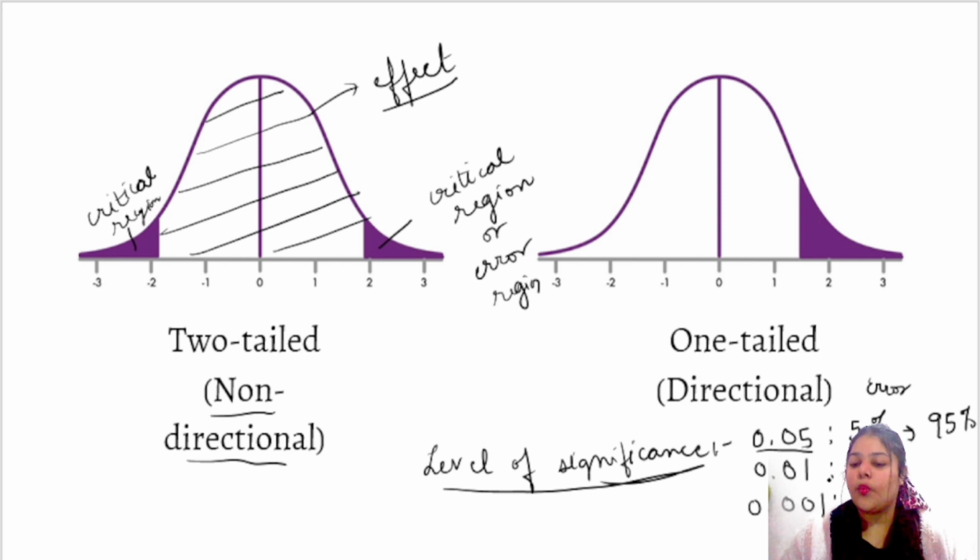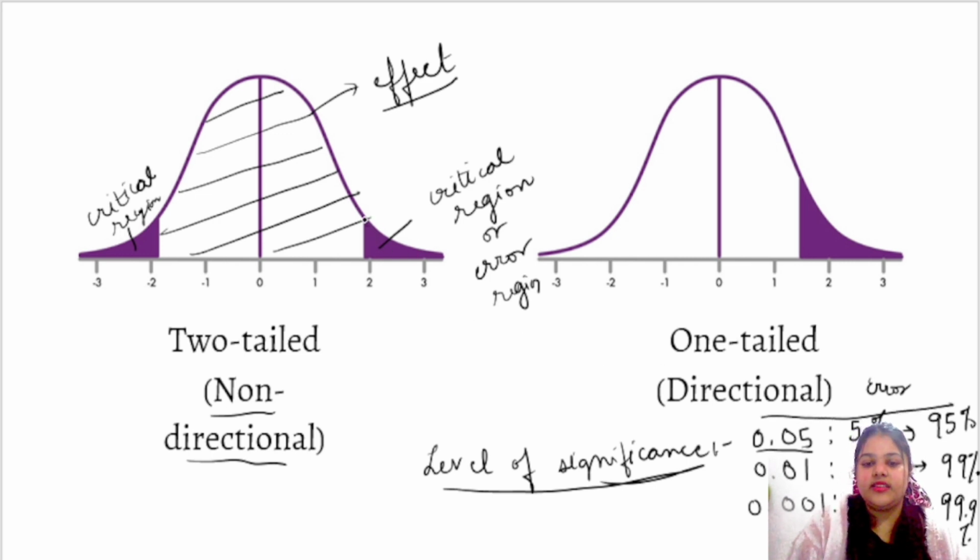In 0.01 significance level, there is just 1% chance of error which we give to the researcher, which means my study is 99% correct. And in this particular type of significance level, there is just 0.1% chance of error, or the chance of mistake we are allowing our researcher to make. So herein there is a 99.9% chance that our study would be significant.